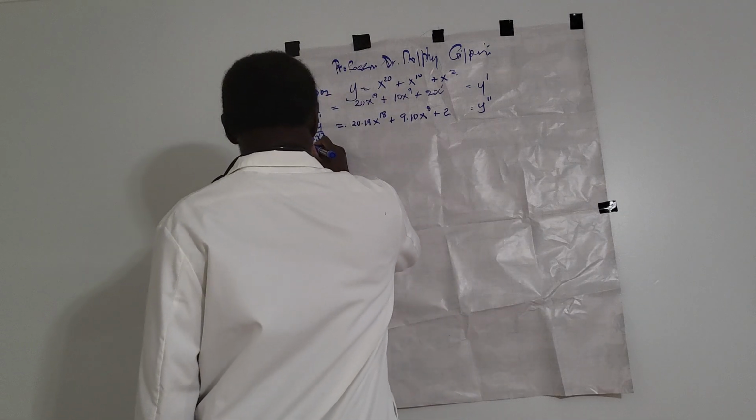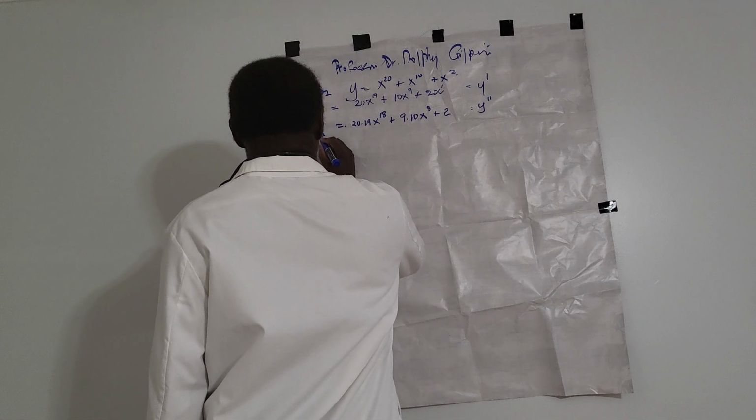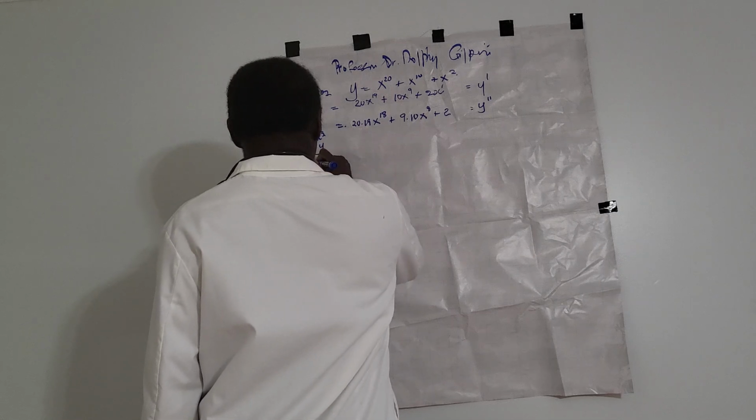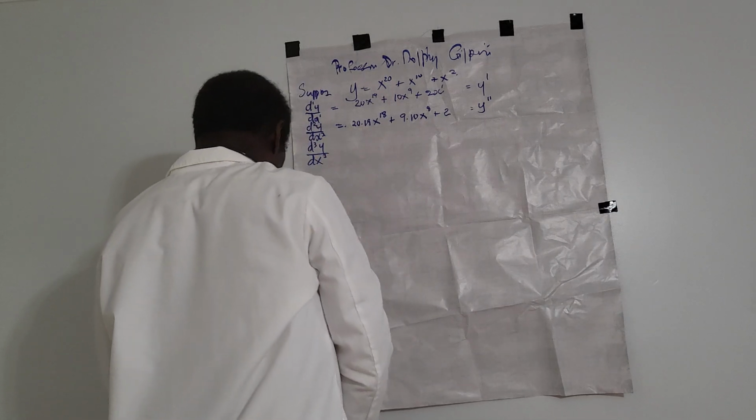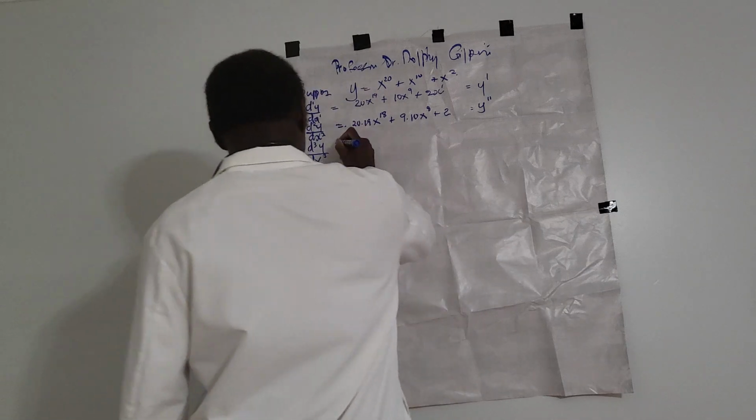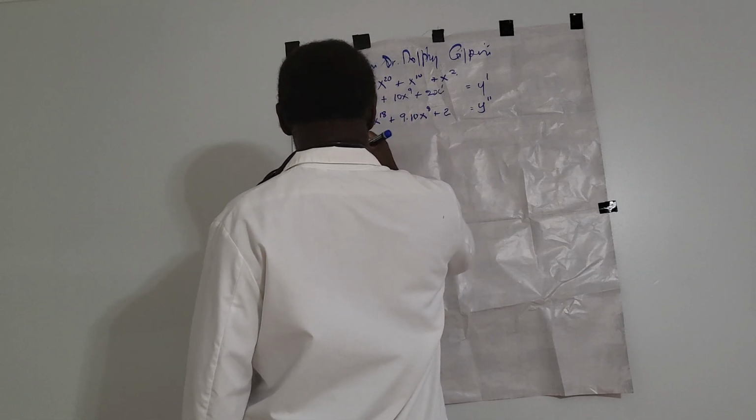We say now that d cubed y by dx cubed would be just differentiating this term one more time.